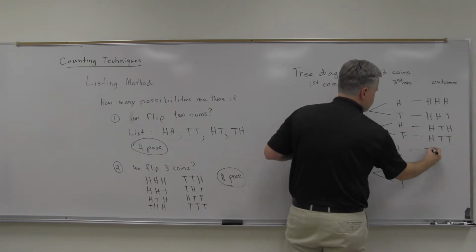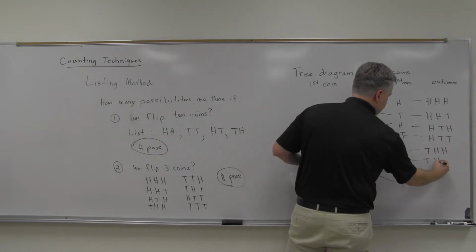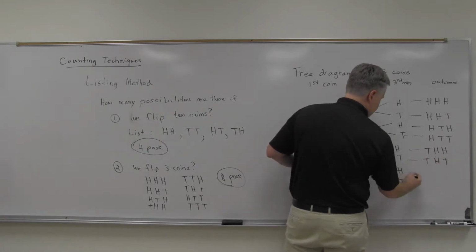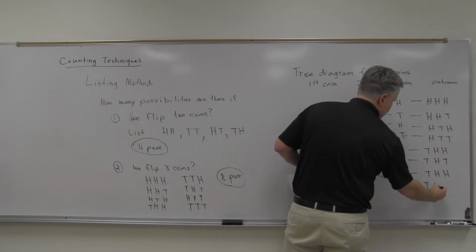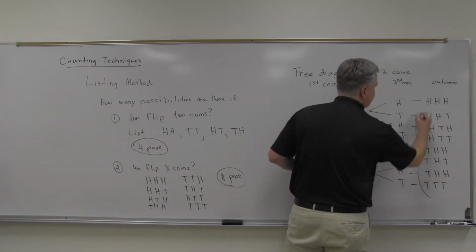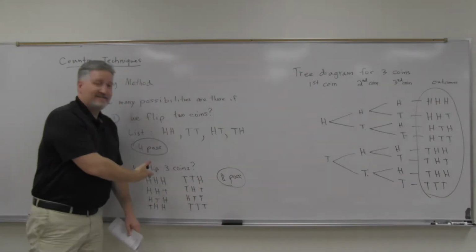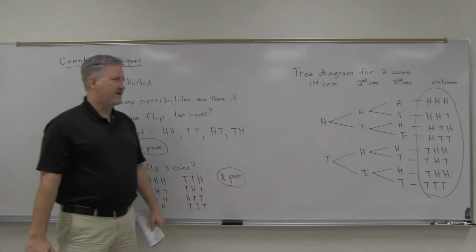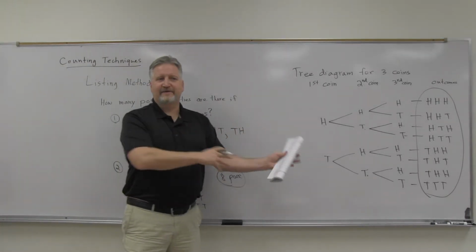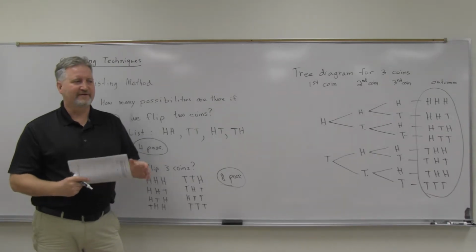Tails, heads, heads. Tails, heads, tails. Tails, tails, heads. And last but not least, tails, tails, tails. So look at that. There's our list. Got 8 of them. Same list, a little different order, but there are 8 of them. We'll use that to help us with another part that we'll do later on.